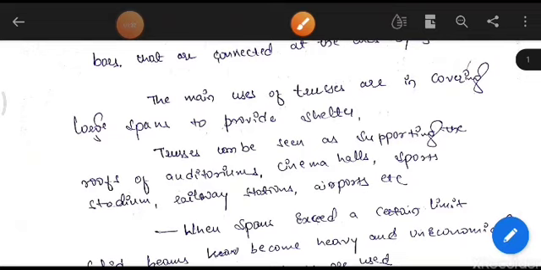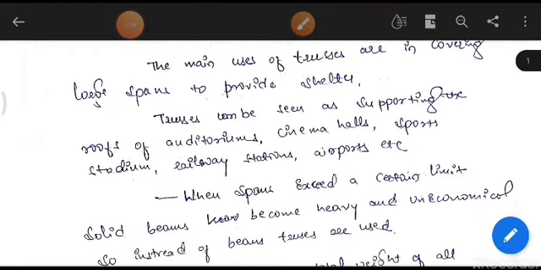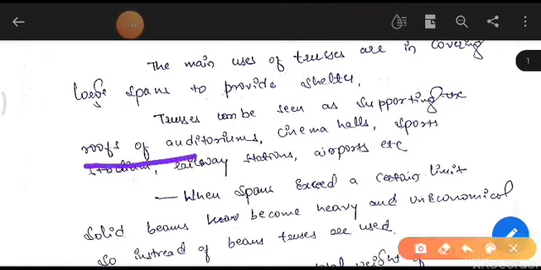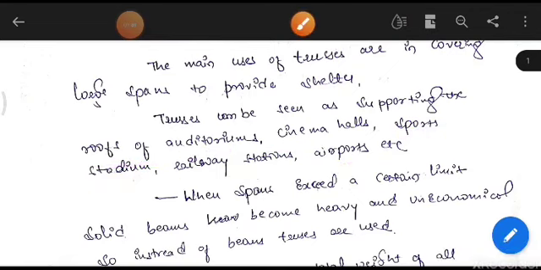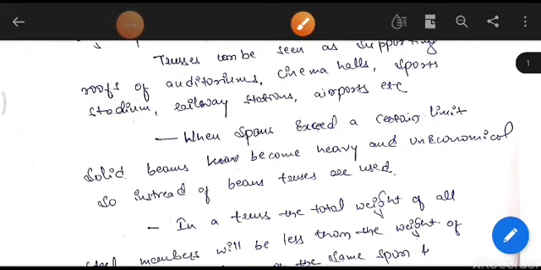The use of trusses is to cover large span areas and to provide shelter. These are supporting members, and they can be seen in the roofs of auditoriums, cinema halls, sports stadiums, railway stations, airports. These are used in place of beams.